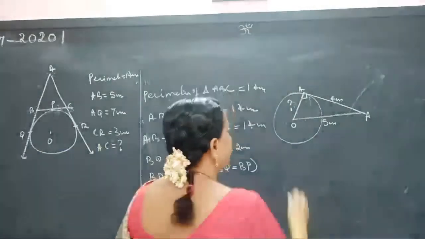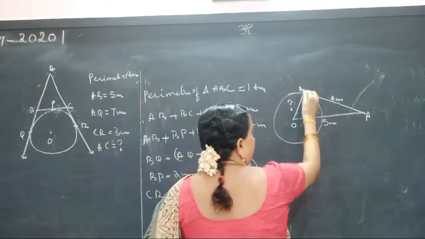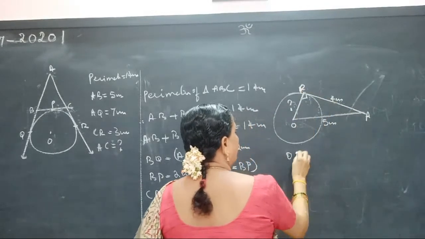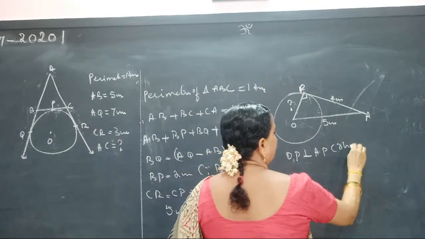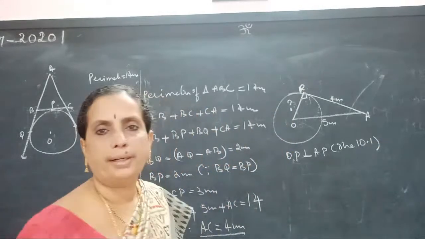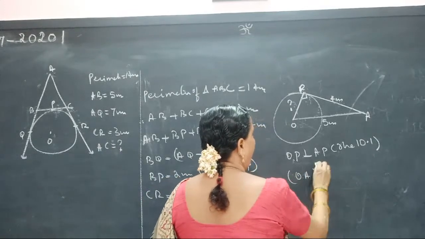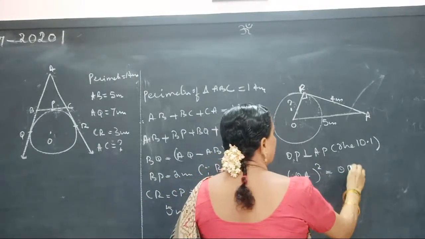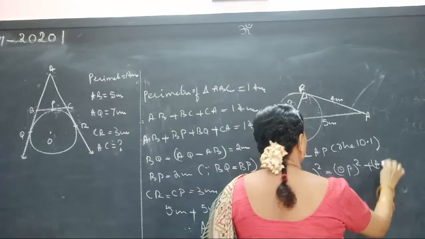This is how we get the figure. Here OP is perpendicular to AP according to theorem 10.1. So you will get a right triangle where square on the hypotenuse equals sum of the squares of other two sides.